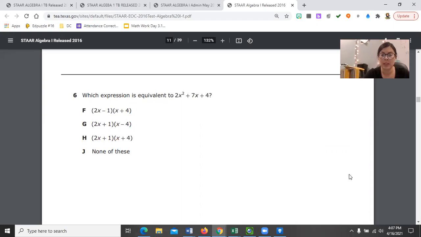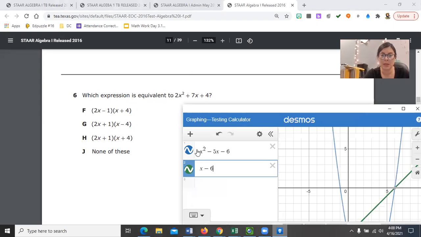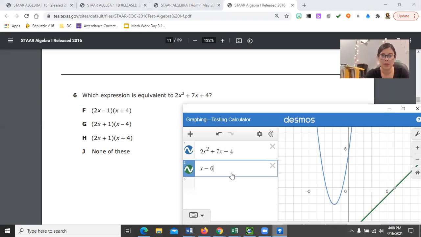All right, let's see if you are correct. So I'm going to put this in here, 2x squared plus 7x plus 4. Put the first one in there, 2x minus 1.